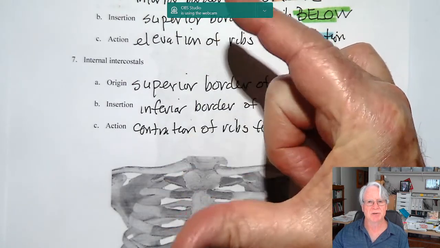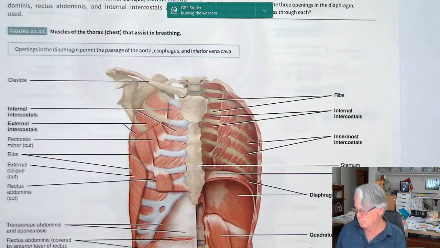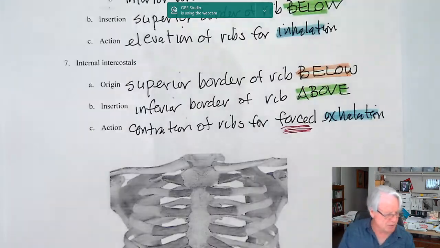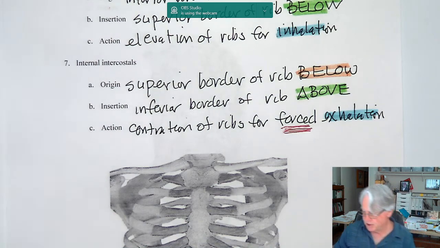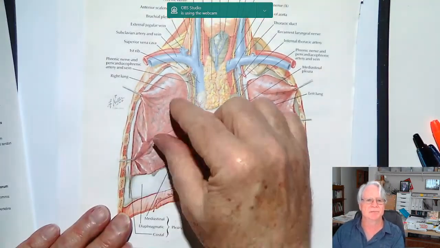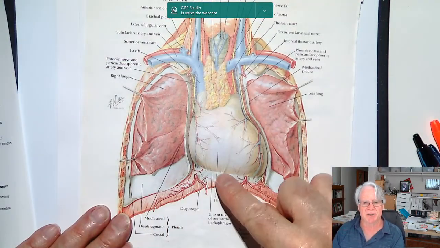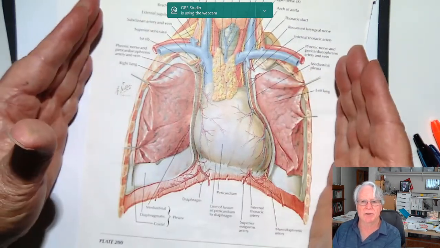Okay. When you expand those ribs, this whole chest cavity gets bigger. I have an image to help us visualize this. When the chest cavity gets bigger, so this is the diaphragm, it's dropping, and the ribs are expanding out.